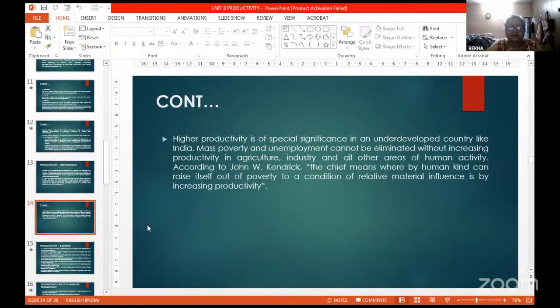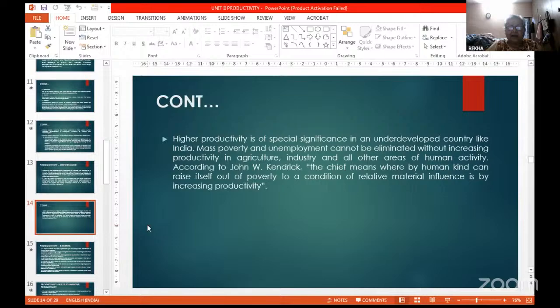Higher productivity is of special significance in an underdeveloped country like India. Mass poverty and unemployment cannot be eliminated without increasing productivity.